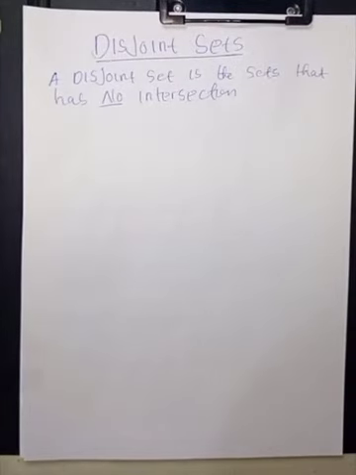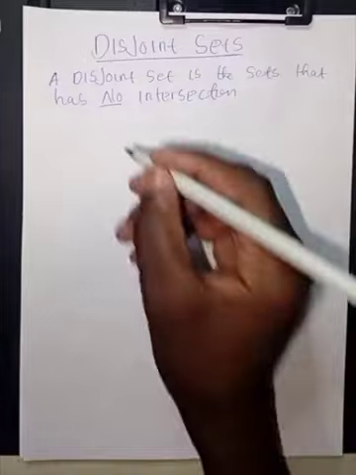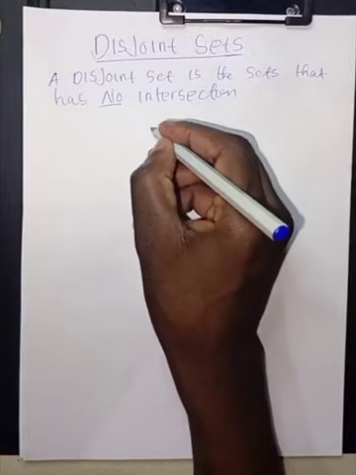So if sets A and B are disjoint, it means that there is no intersection between set A and set B. So in diagram form, they are presented like this.